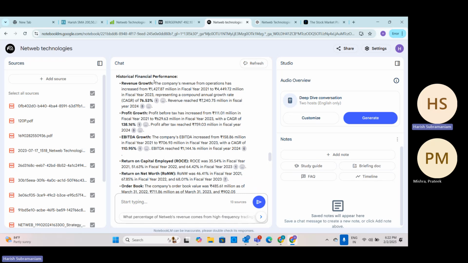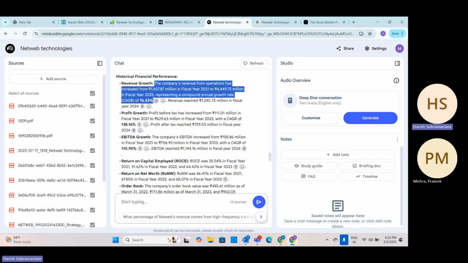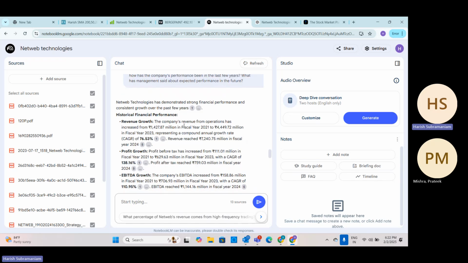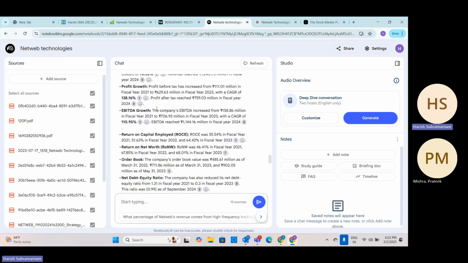So company's revenue has increased by 76%, which is huge. Profit has also increased very fast, with 138 point whatever percent cumulative annual growth rate.